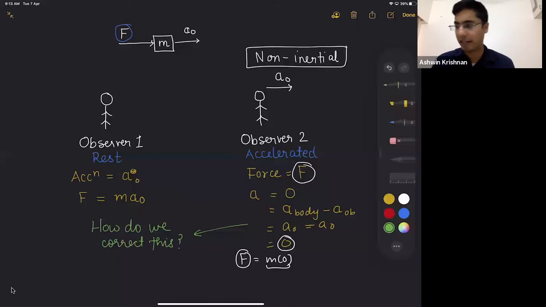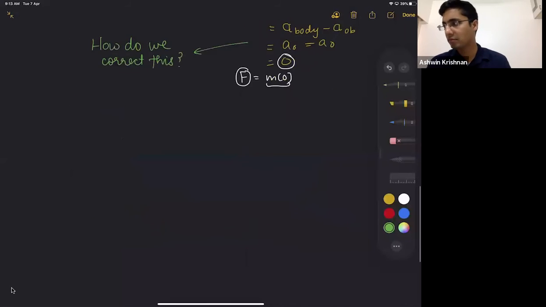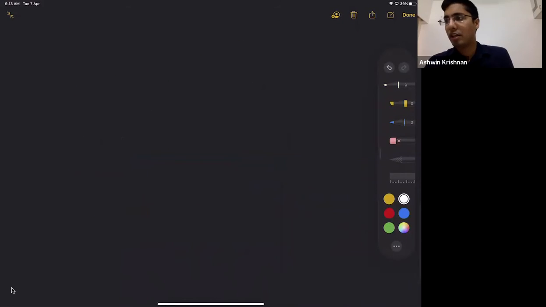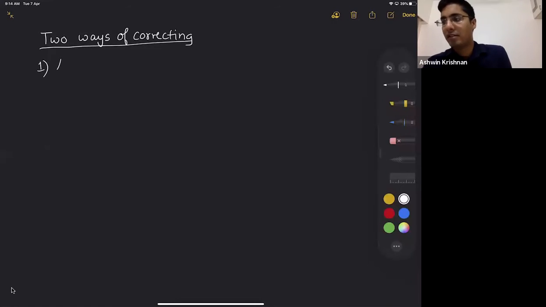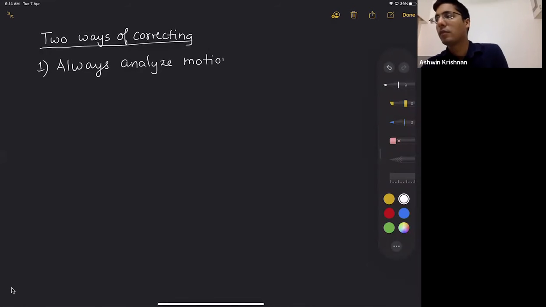So there are two ways of correcting it. First way is to always analyze motion from an inertial frame of reference.